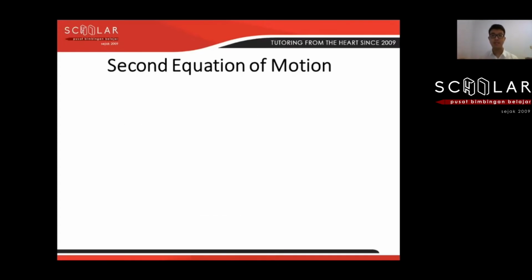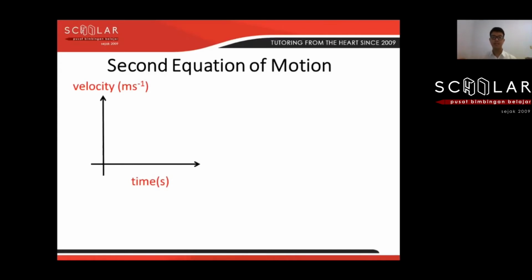Let's go to the second equation of motion. This second equation of motion is derived from the velocity-time graph, by taking velocity as the y-axis and time for the x-axis.